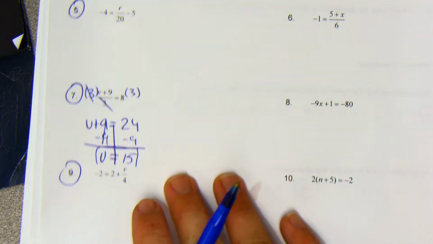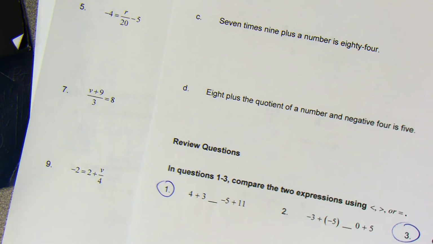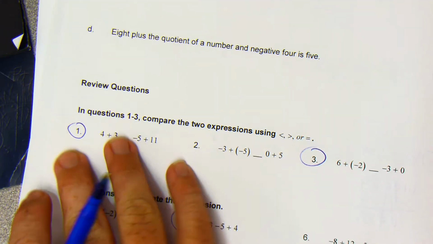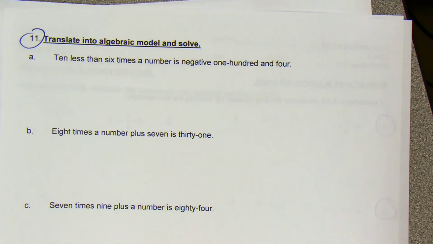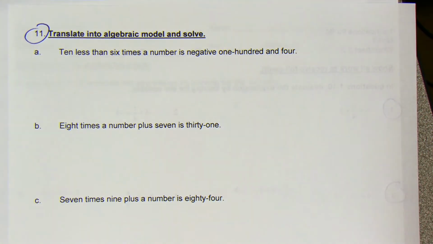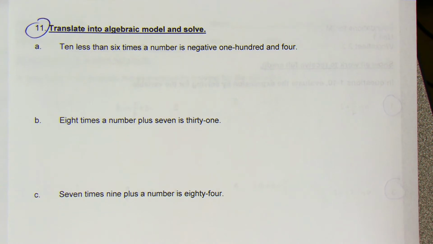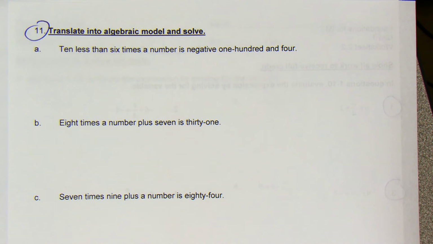All right, let's take a look at number 11. Okay, I'll do one of them for number 11 with you guys, and then I'll do 1 or 2 of the review problems. All right, so let's see here. Let's look at number 11b.